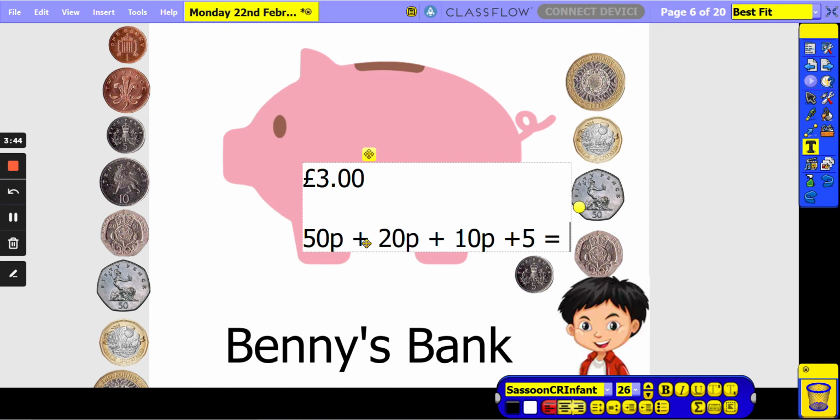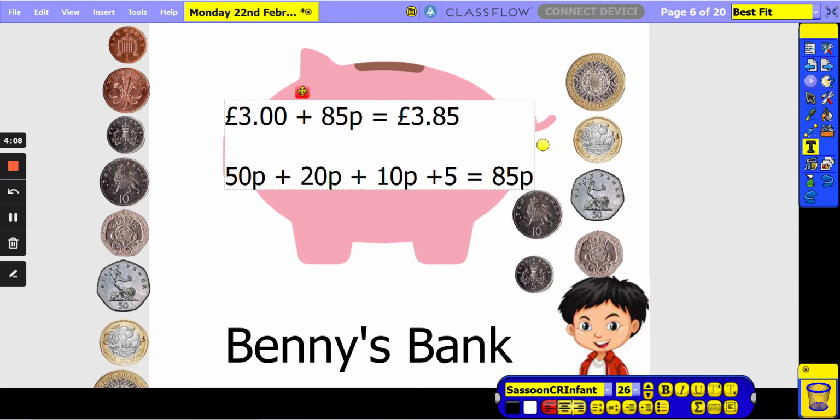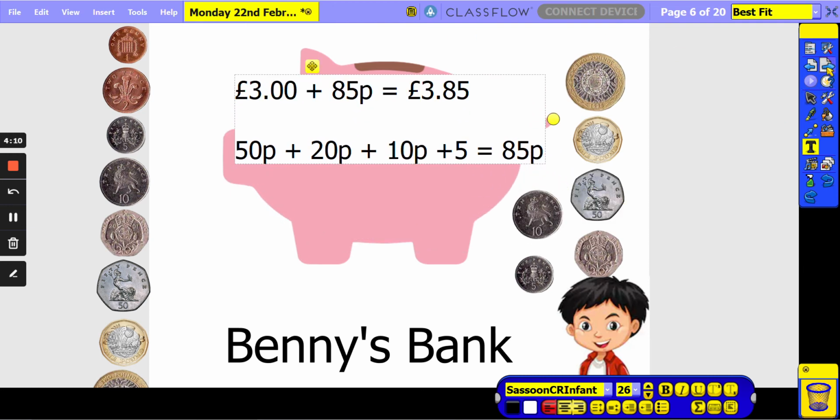So 50, add 20 is 70, add 10 is 80, and add 5 is 85 pence. So we know it's £3 add 85 pence, which then gives us a total of £3 and 85 pence. Fantastic job if you did get that as your answer. On to the next question.